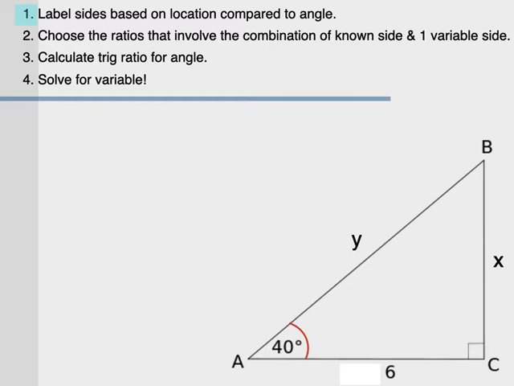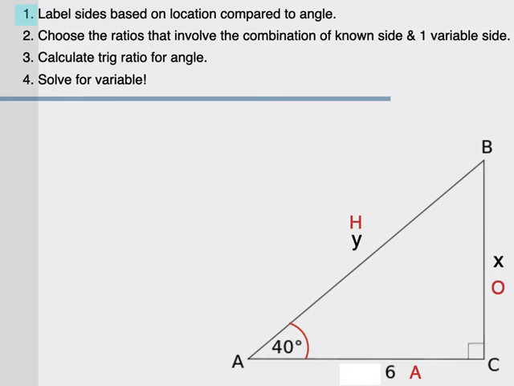Now, which side would be your hypotenuse? Which side would be opposite your 40-degree angle? And which side would be adjacent? We just finished step 1. We labeled the sides based on location compared to the 40-degree angle. So that's what step 1 is, just labeling H, O, and A.